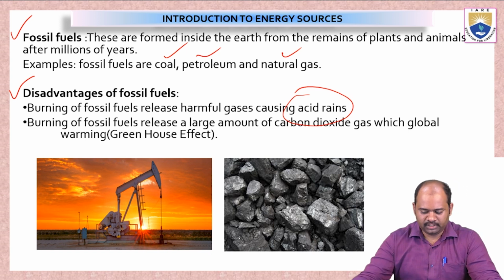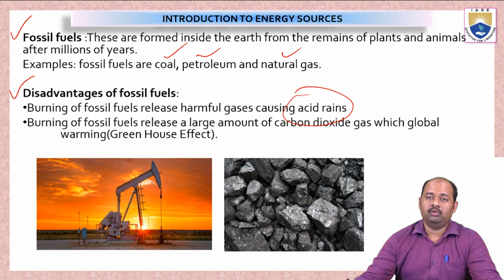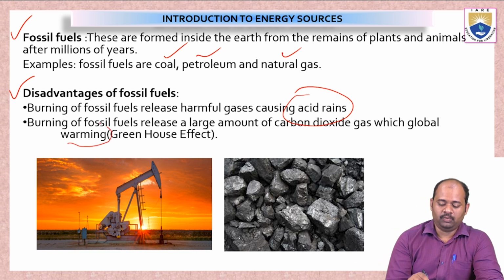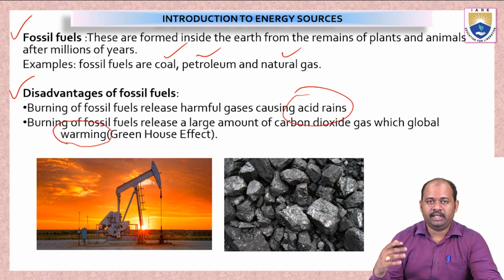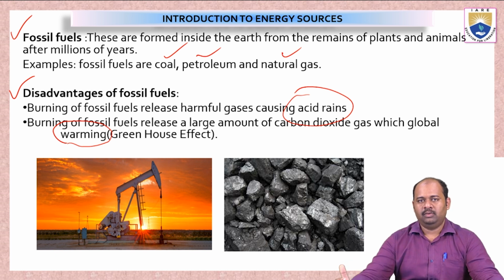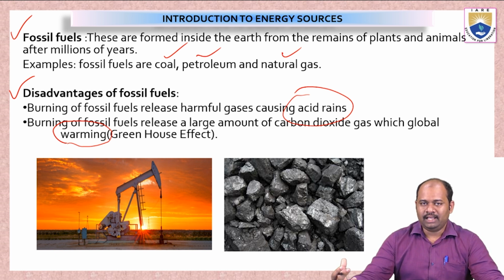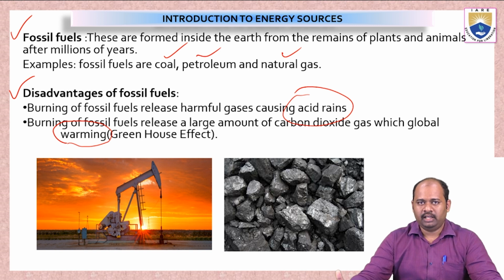Burning of fossil fuels releases a large amount of carbon dioxide, which causes global warming also. We know what global warming is. Global warming is the heating of the Earth's temperature because of the gases which are being trapped inside the atmosphere. These gases mostly contain carbon dioxide and carbon monoxide, and they may lead to global warming. These gases are in turn responsible for the depletion of the ozone layer.